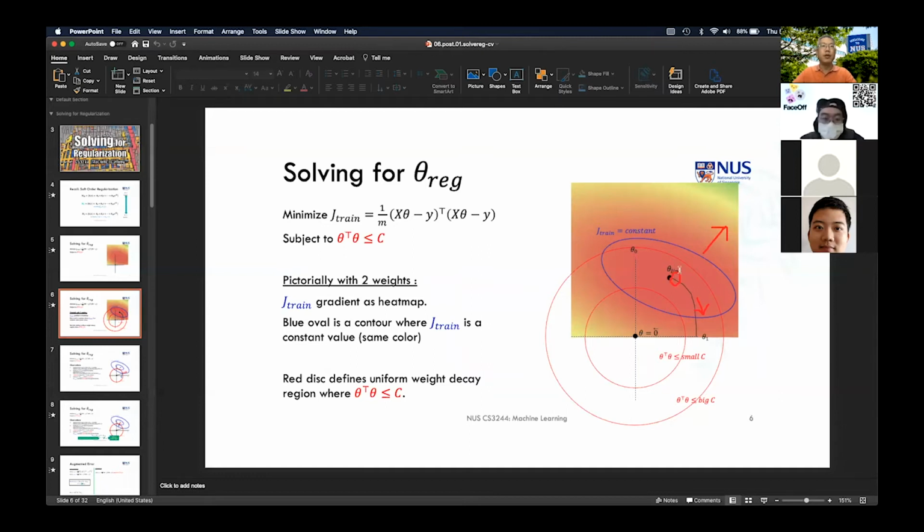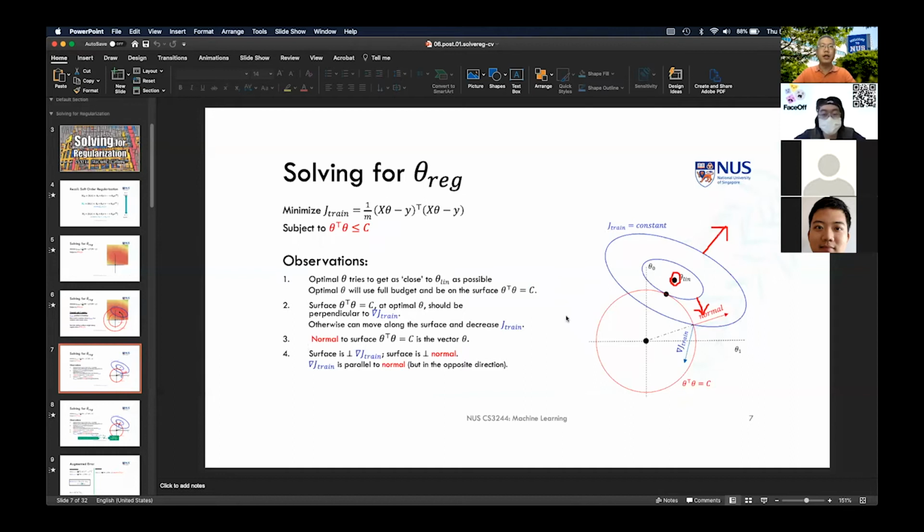So when we draw these contours, these ovals around this, it means that the loss function is constant. Then what's going on is that when we look at any of the positions on this oval, the gradient has to be facing perpendicular to this line, right?